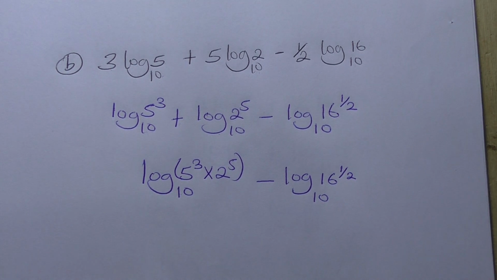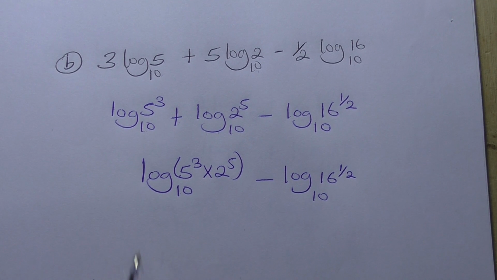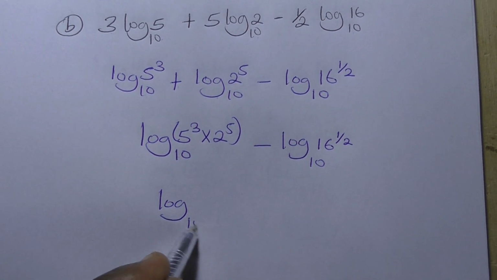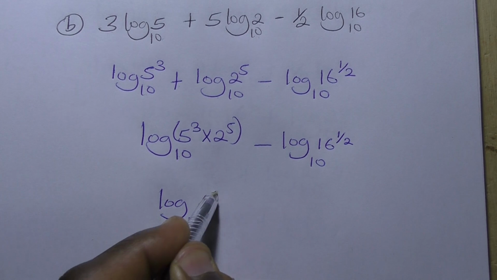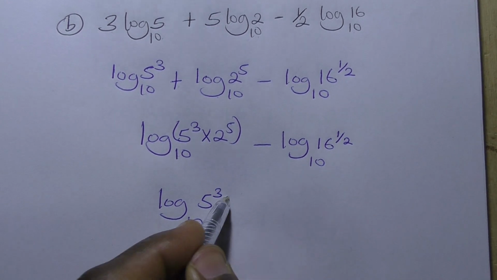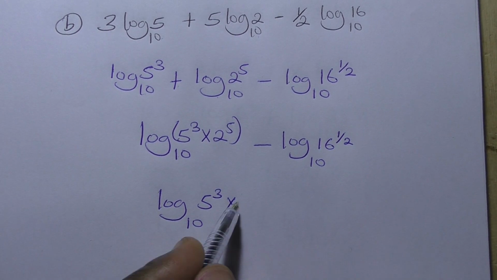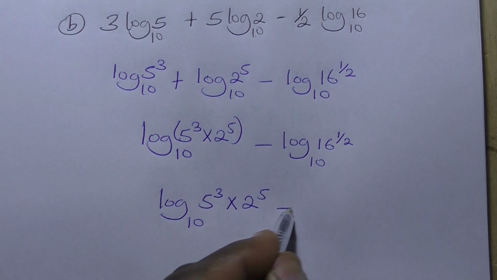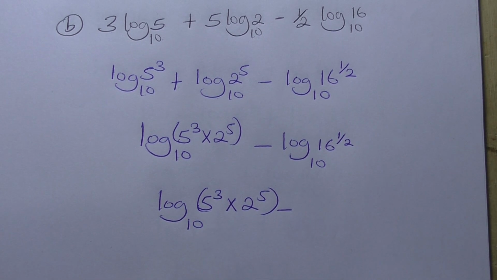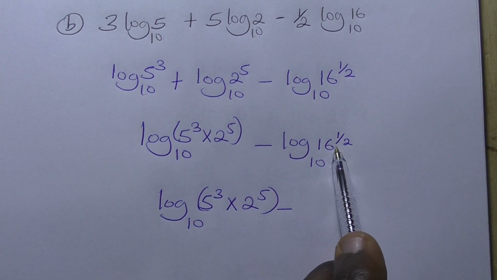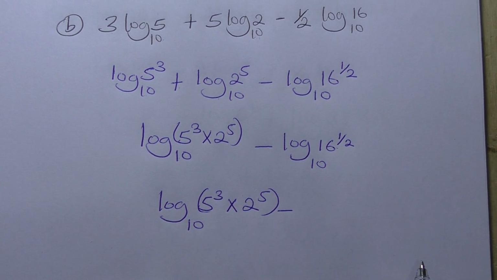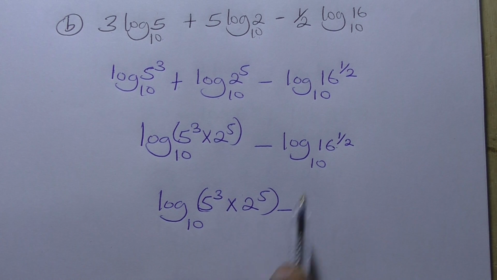We continue. This is log 10 5 power 3 times 2 power 5 minus 16 power half, which is the same as square root of 16. And the square root of 16 is 4.